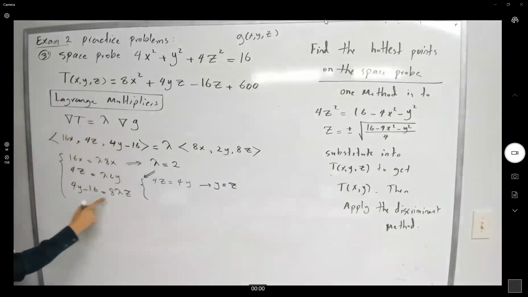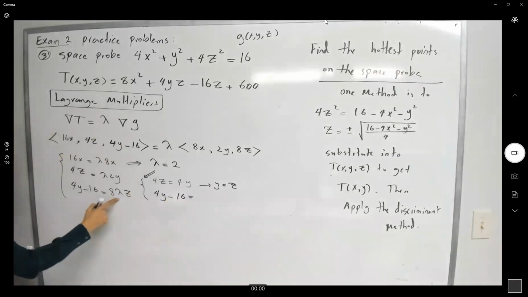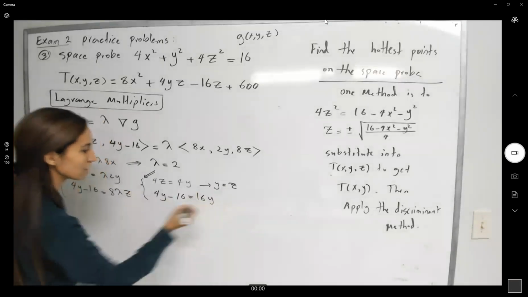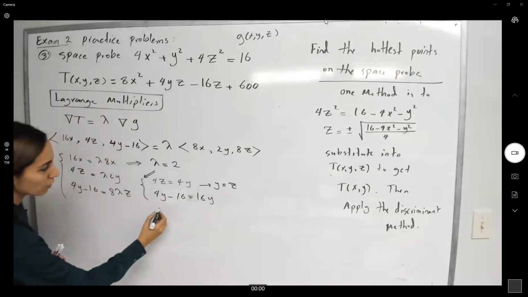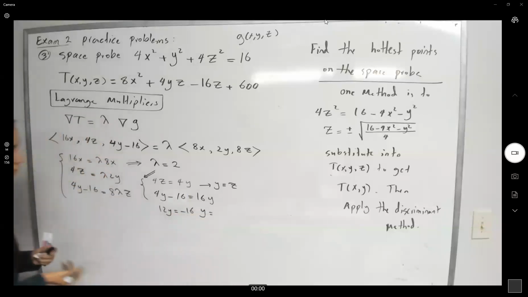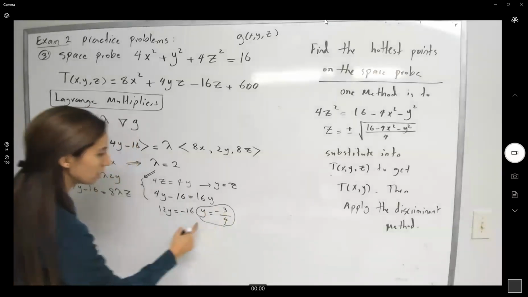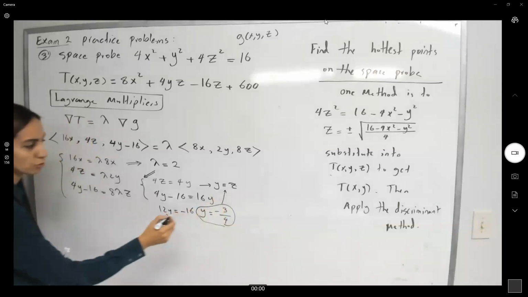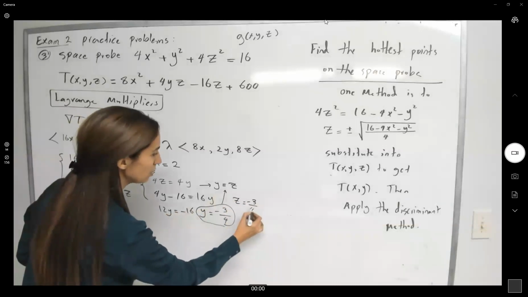And then in the second equation, you get 4y minus 16 equals 16z. And since z and y are equal to each other, it's going to be 16y. Here, if you solve this, we get 12y equals negative 16, or y is equal to negative 3 divided by 4. Y and z are equal to each other, so you get z also negative 3 over 4.